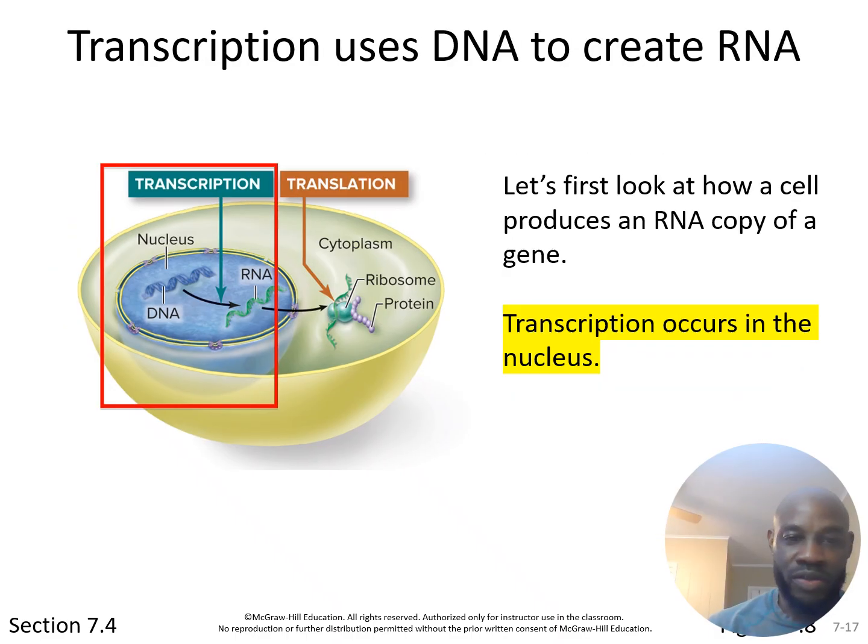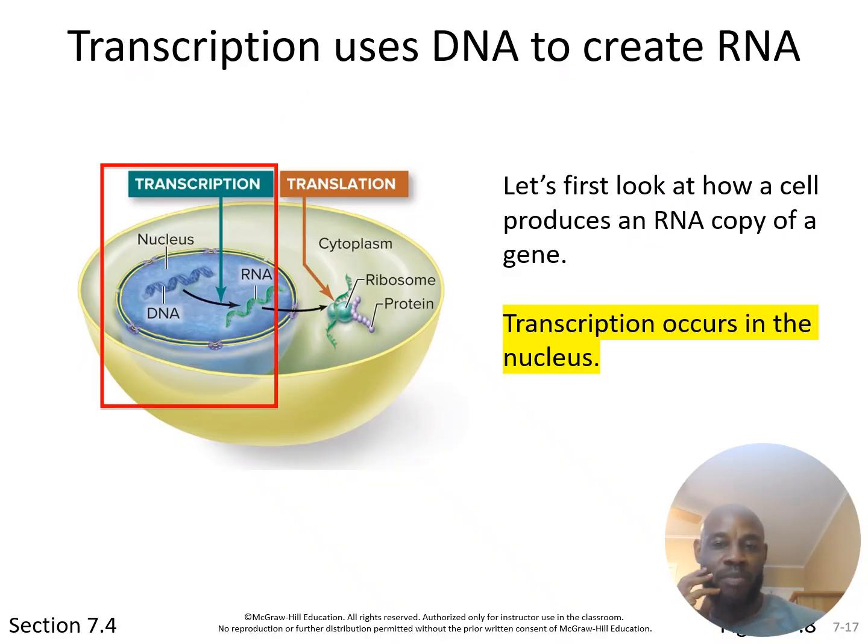So converting that code into protein, getting the necessary amino acids that the RNA code tells us, and a protein is a chain of amino acids. The code for the amino acid chain comes from the RNA, which was copied from the DNA.